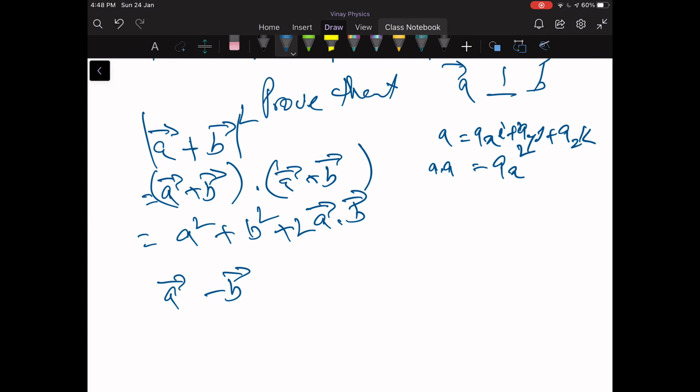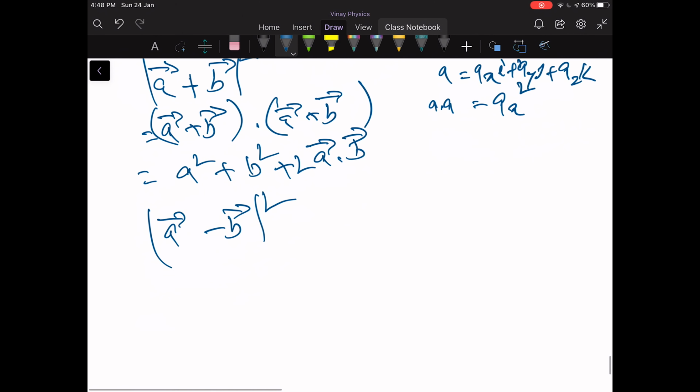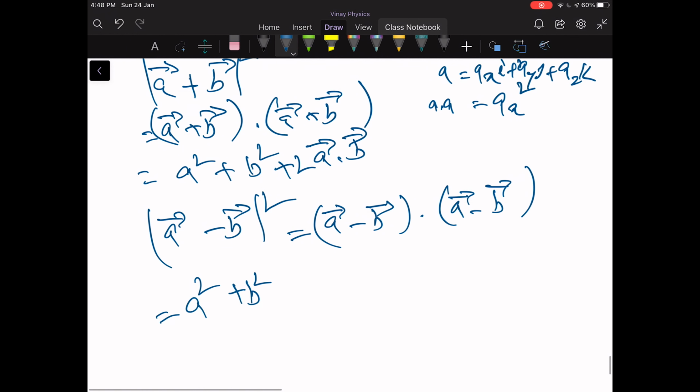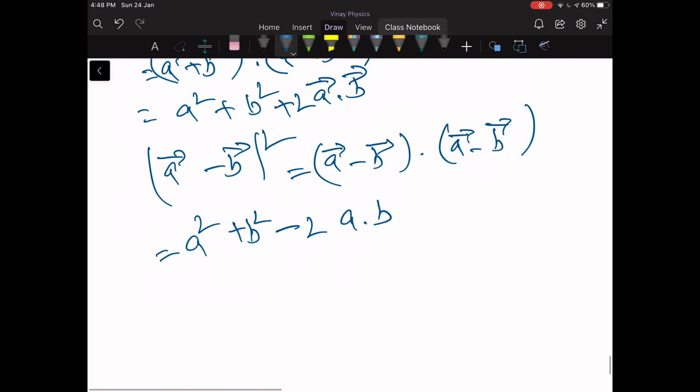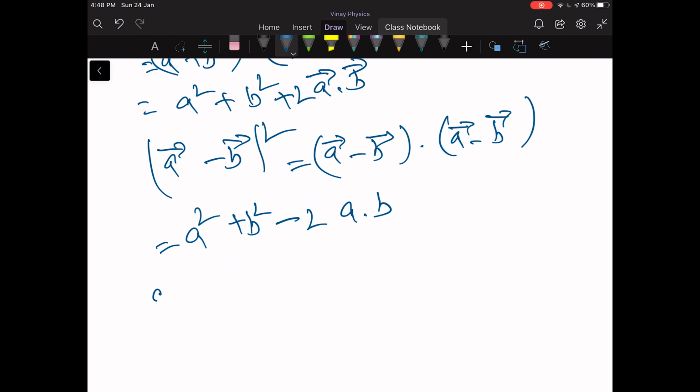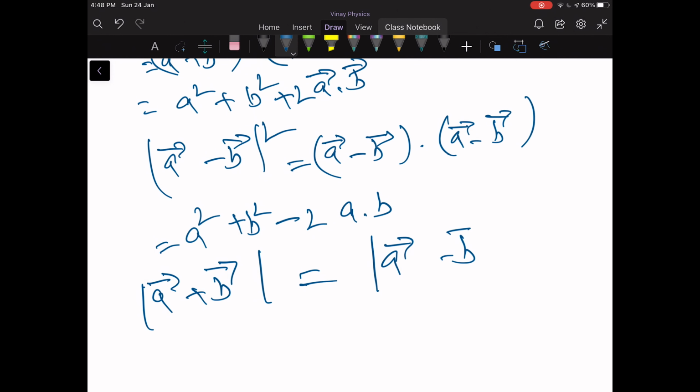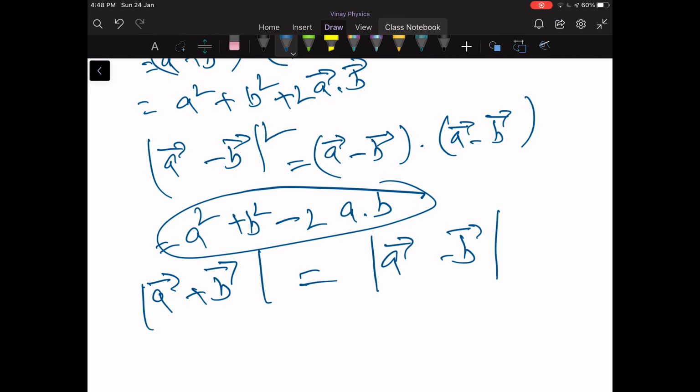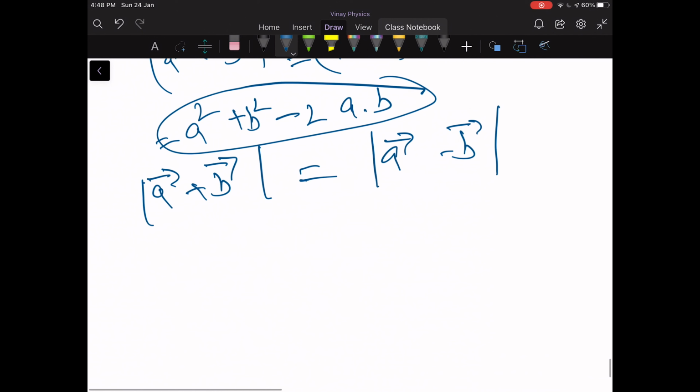So, we take A minus B, this is another vector, we take the whole square, which is A minus B dot A minus B. So, here we get A square plus B square minus 2 A dot B. Now, we are given that the magnitude of A plus B is equal to the magnitude of A minus B. That means that this and this are equal. That means A dot B is equal to 0.